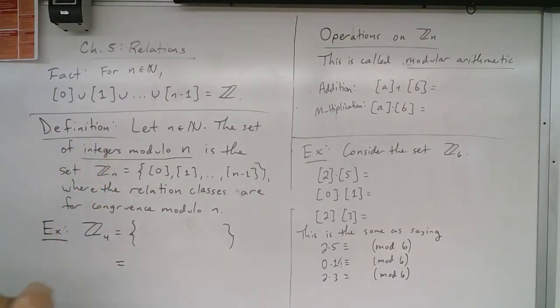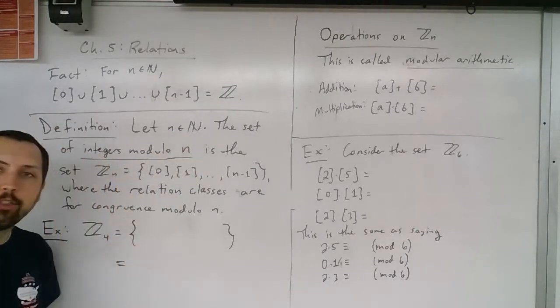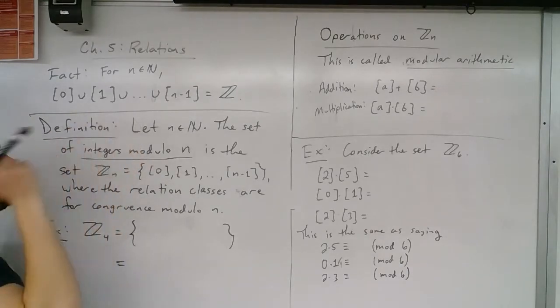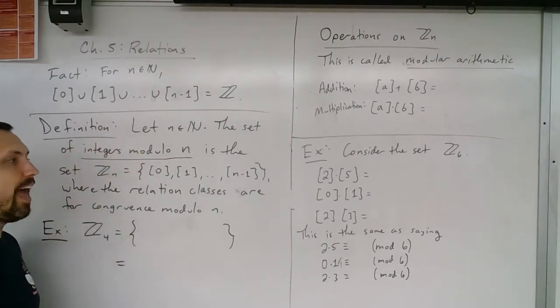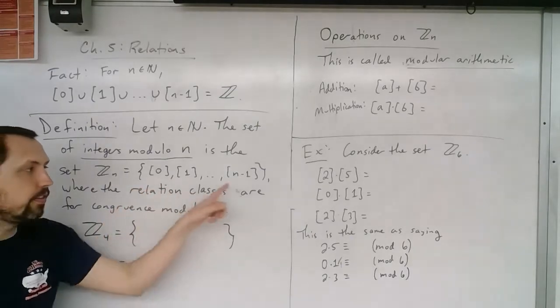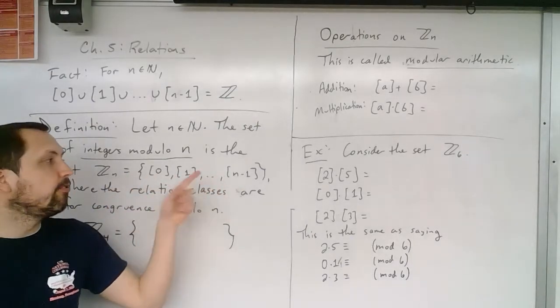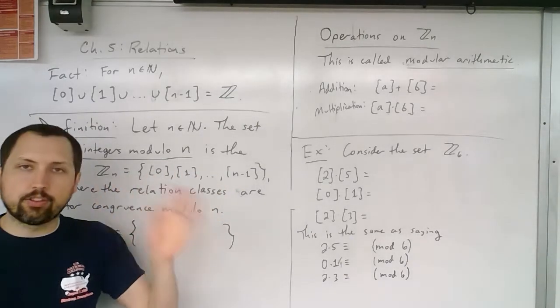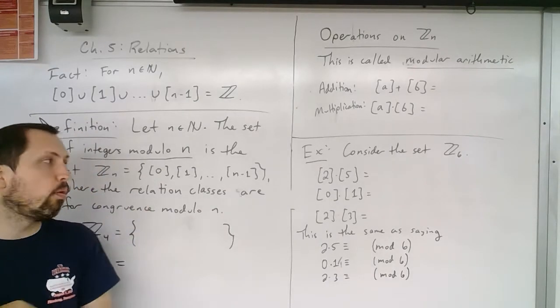Okay, so definition. If we have n be any natural number, the set of integers modulo n, so integers modulo n is what we're defining. This is the set Z sub n, which is defined as all of these relation classes for the integers 0, 1, 2, 3, all the way up to n minus 1.